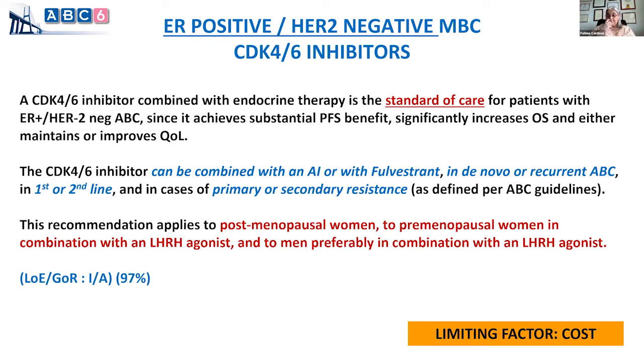So these recommendations that I will speak about are for women before the menopause, after the menopause, and also for men. Just that in women before the menopause, we have to induce the menopause with these agents that I told you that block the function of the ovaries.